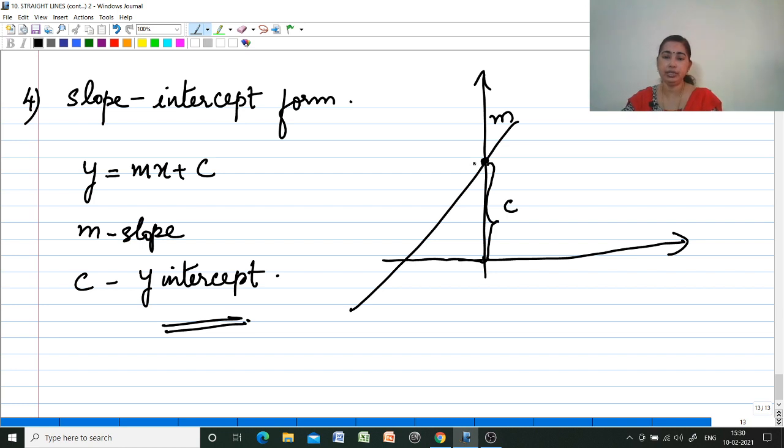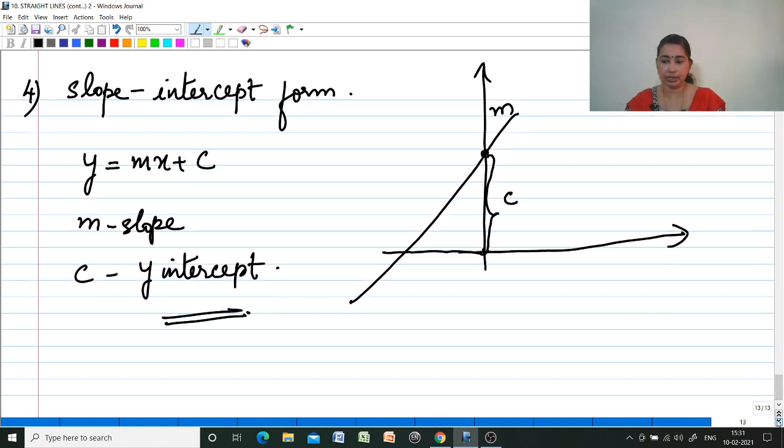So the equation of the line is y is equal to mx plus c.